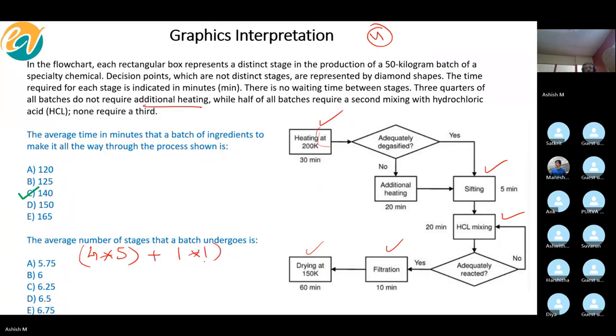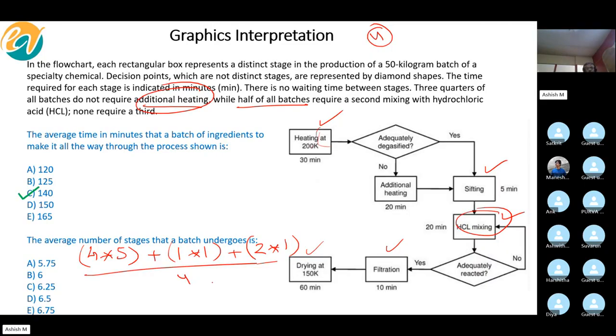Additional heating. Correct. One batch requires an additional stage. And 2 batches require one additional stage, and what is that additional stage? This one. And obviously divided by 4. So that would be 23, and 23 divided by 4 would be 5.7.